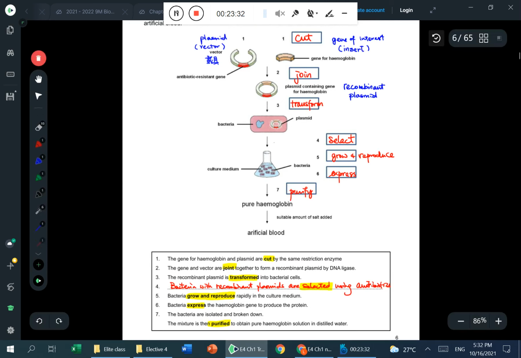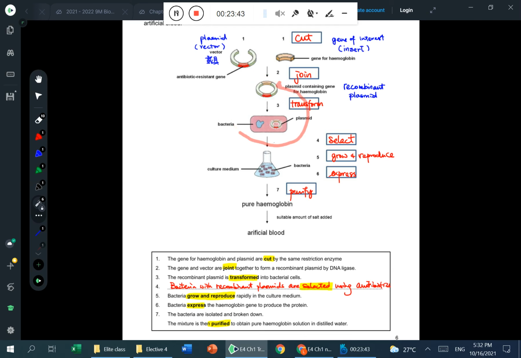Understand that transformation is not 100% efficient, and that would result in some bacteria being non-transformed. These non-transformed bacteria would heavily reduce the yield of protein.